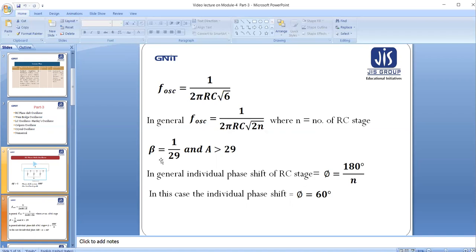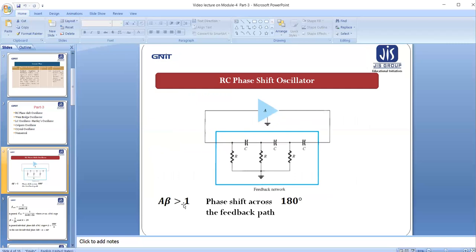To produce a sustained oscillation, the feedback factor or the feedback circuit gain should be equal to 1 by 29, and as A beta is greater than 1, A must be greater than 29.